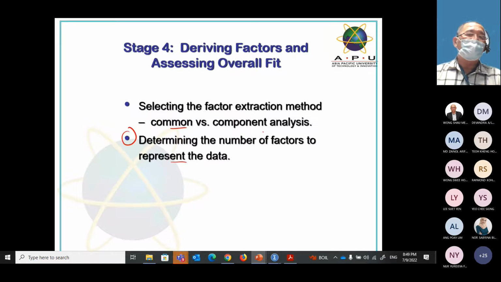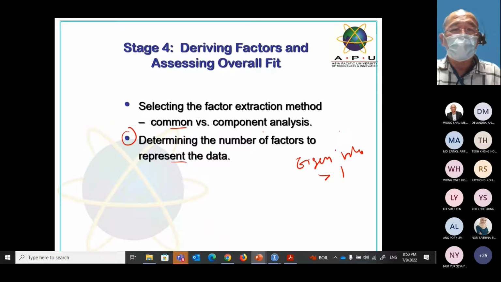Of course, there's some methodology that we can follow. Which one you want to use? Either the Eigenvalue or we fix the number of factors. Another method is that we use the Eigenvalue. Common practice, more than one is considered good.